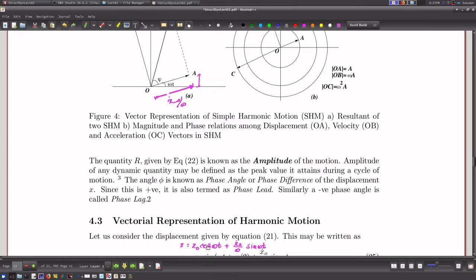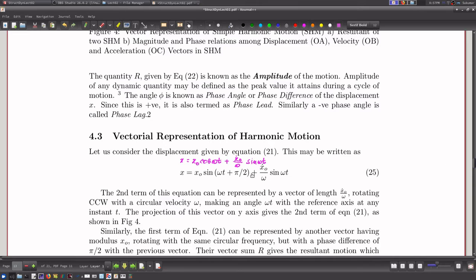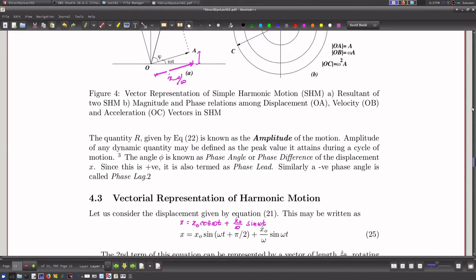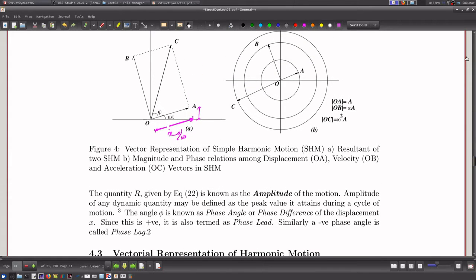Similarly, the first term of this equation is a sine term with a 90-degree phase difference with the original vector. Therefore, I can take this vector, which is having a 90-degree lead with the original vector, and therefore the first term of the equation is this vector.